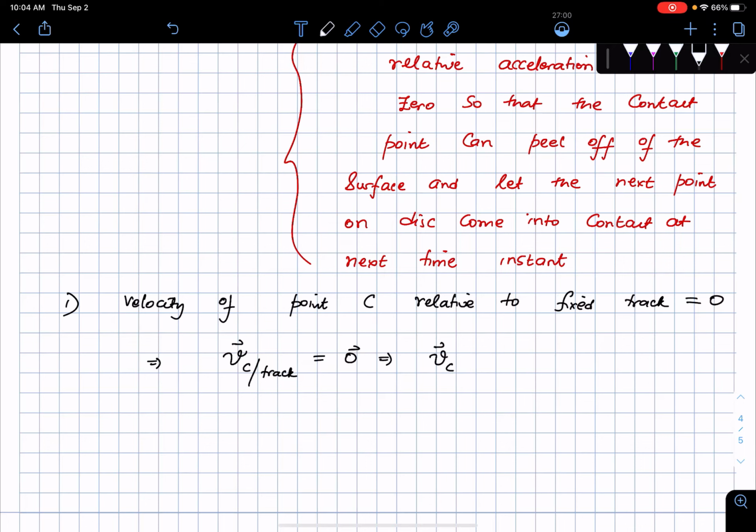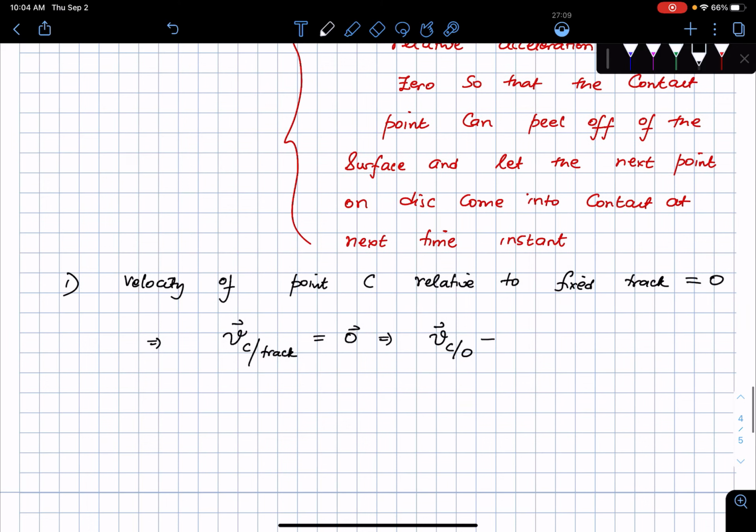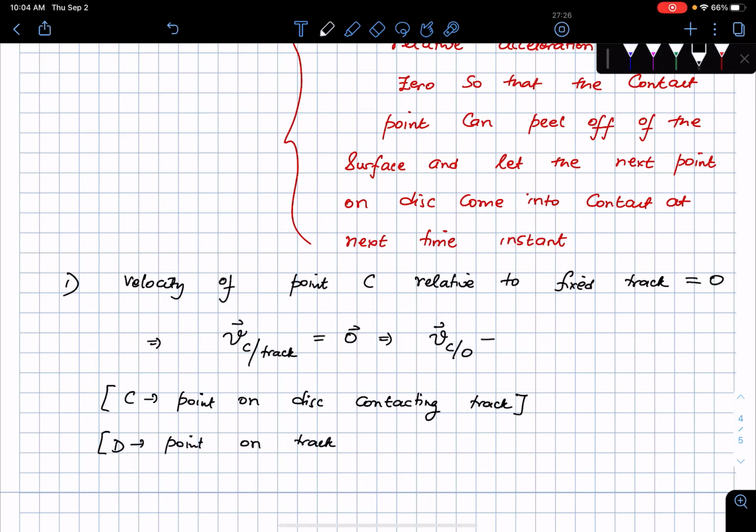Or if I say velocity of point C relative to the track is 0, this essentially means that the velocity of point C relative to a fixed point O minus, so C is a point on the disk, a point on the disk contacting the track, and let me say that D is a point on the track contacting the disk.